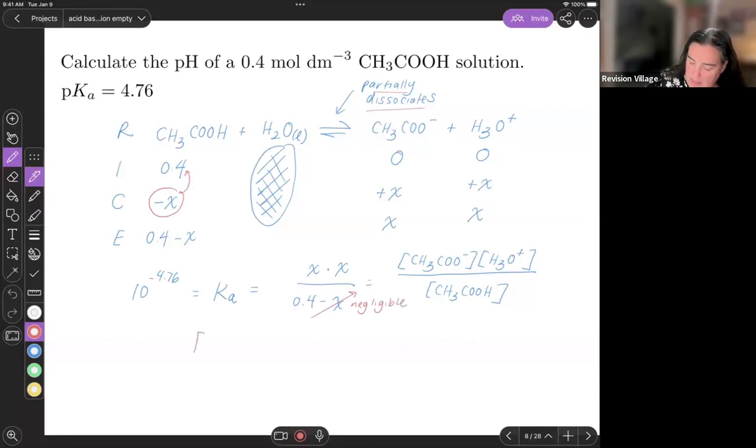So we make the approximation that the initial amount is about the same as the amount we find at equilibrium. And when we make that approximation, we avoid having to solve a quadratic. And we avoid that at all times.